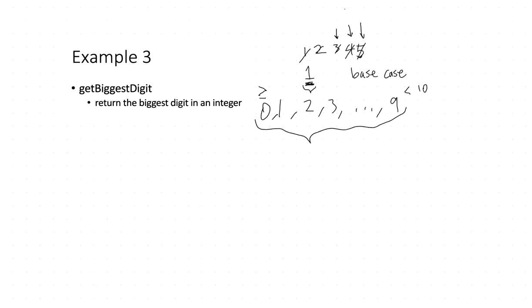So this would be the base case: if your number is greater than or equal to 0, or if n is less than 10, then you know that the biggest digit is that number. So you just return n.